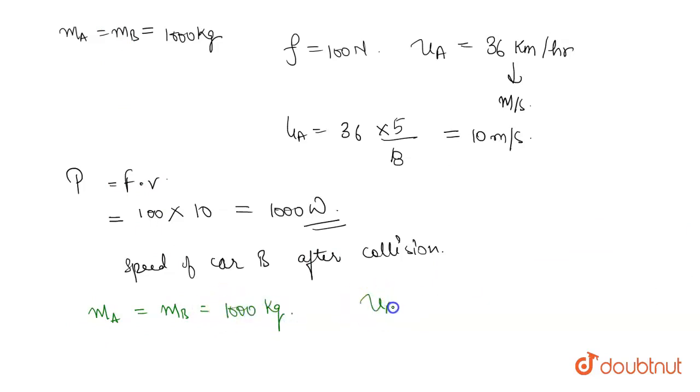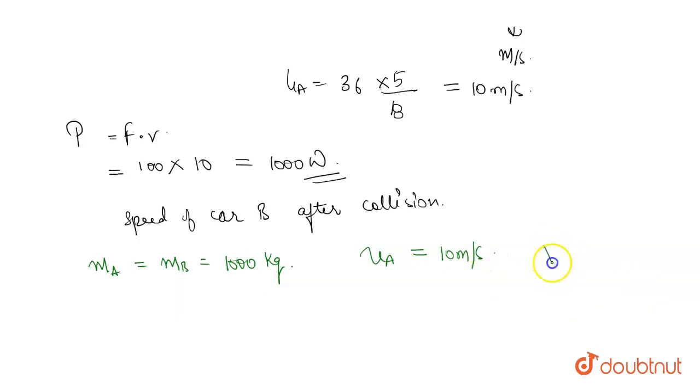Then I also have u_a, the initial velocity of car A, 10 meter per second. I know it came to rest after that, so the final velocity of car A, v_a, will be equal to 0 because it came to rest. Now the initial velocity of car B, it was already at rest, so 0 meter per second, and now I need to find v_b.